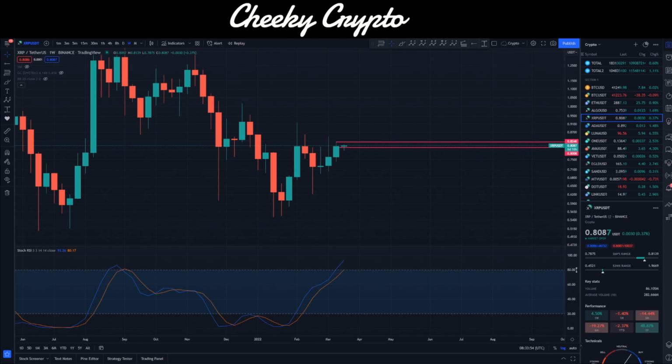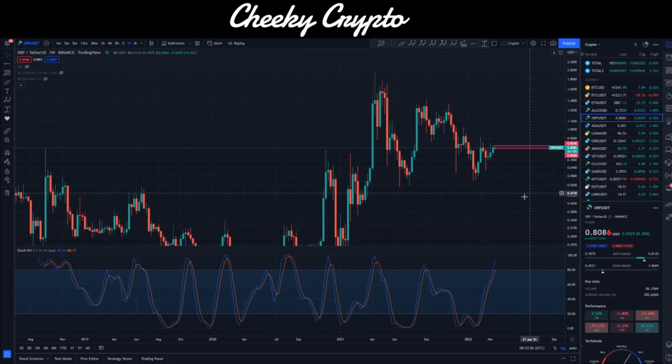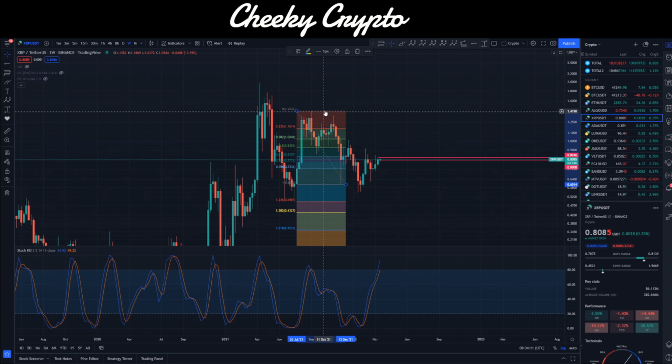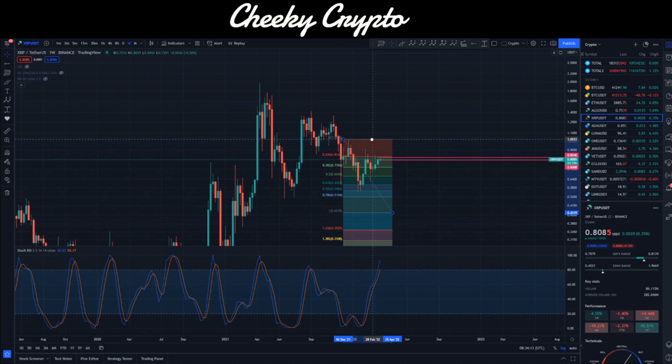The weekly does need to see some kind of correction pattern. So if we zoom out a little bit, and I've spoken about this before, we're not impulsive or anything like that, with lots of overlap going on, so it's just corrections here. If we were to take our low point here and our high point, and move that over to there, it gets us down to these low ranges.